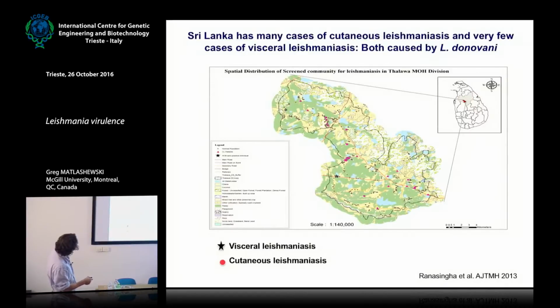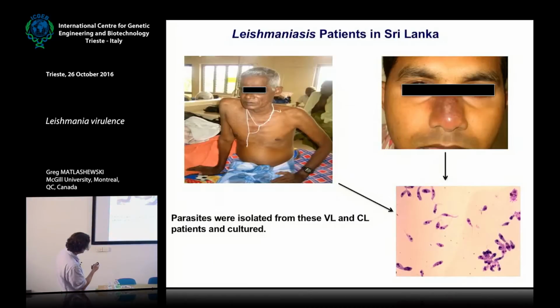So this is the area where you had a number of cutaneous leishmaniasis cases, but very few visceral leishmaniasis. But there was one visceral leishmaniasis case here as well. So it's an area where you have a lot of cutaneous, very little visceral, but both of them seem to be caused by the same parasite, Leishmania donovani. So we were interested in obtaining this parasite.